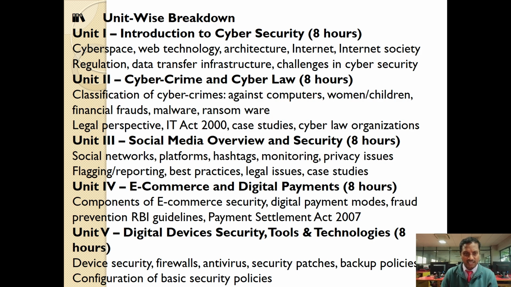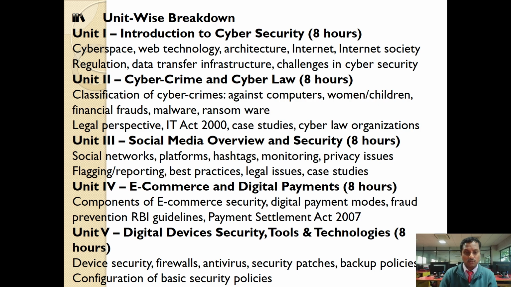In the second unit, you have different kinds of cyber crimes against computers, how women and children are being blackmailed, or how hackers can make use of certain tools and misuse them to target women and children.